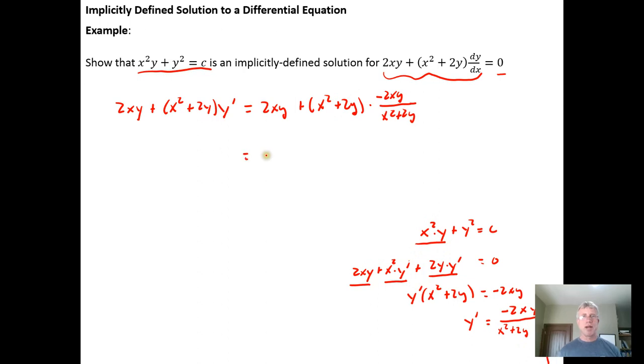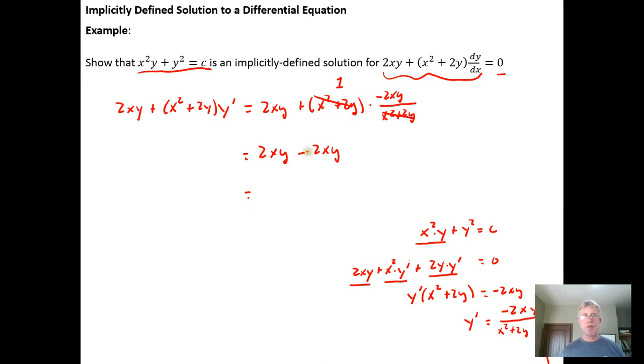And then simplify, I'm going to get 2xy here. Here I get x squared plus 2y divided by x squared plus 2y equals 1. And 1 times negative 2xy is just a minus 2xy. So this simplifies to 1 as long as this expression in the denominator isn't equal to 0.